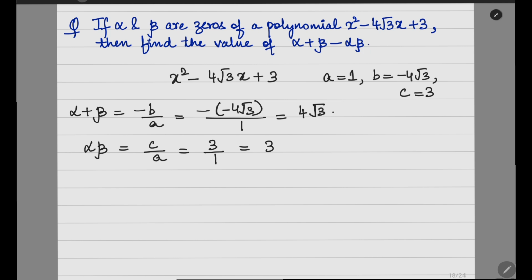Now you are asked to find the value of alpha plus beta minus alpha beta. Just substitute. Alpha plus beta is 4 root 3 minus 3. So you have unlike terms, you will not be able to subtract. 4 root 3 minus 3 is not root 3, since they are unlike terms. So you just have to leave it as such. That's the answer. Hope you understood.